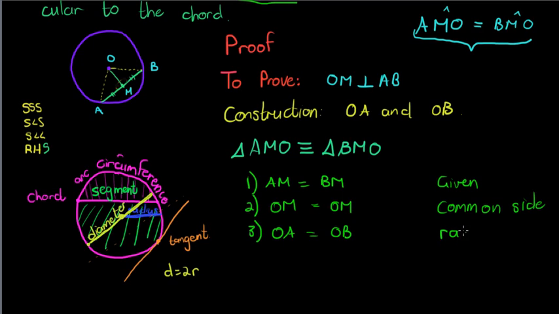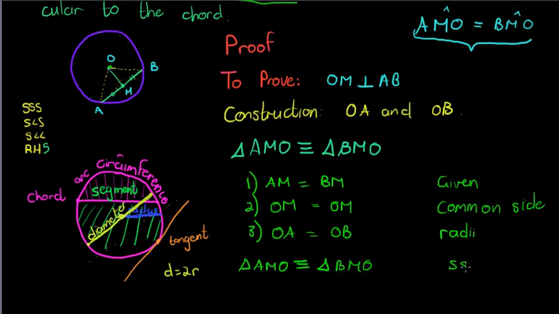They are radii, both radii of the same circle. The very definition of a circle is that all the points on the circle are the same distance from the center. So any two radii will be the same length. Make sense?